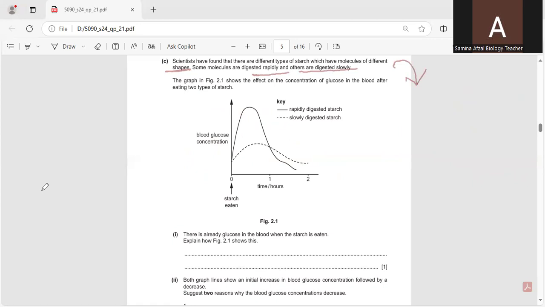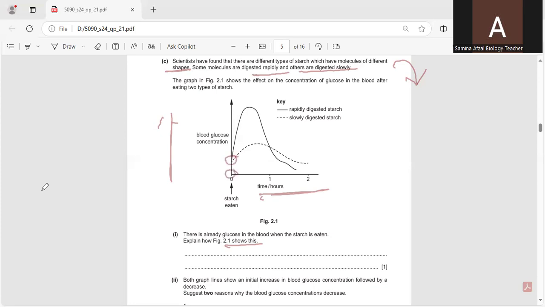So the first question. On the x-axis they have given the time, and on the y-axis they have given the blood glucose concentration. There is already glucose in the blood when the starch is eaten. Explain how figure 2.1 shows this. As you can see, the graph does not start from the point of origin.